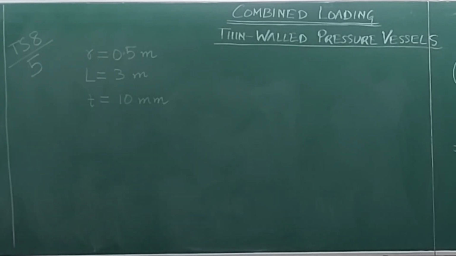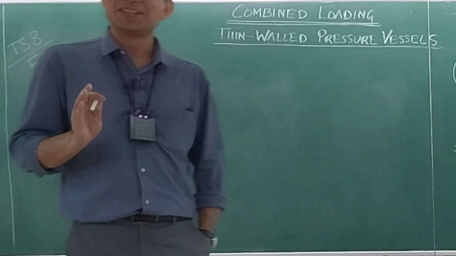You have the z direction, the radial direction, the r direction, and the theta direction. My question is: is the change in the diameter associated with the radial direction, the longitudinal direction or the theta direction? Radial direction, right? See how confident you are.